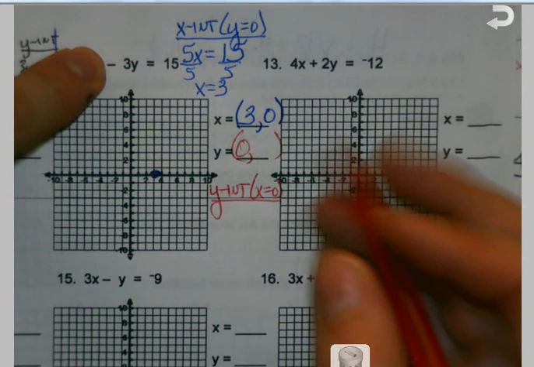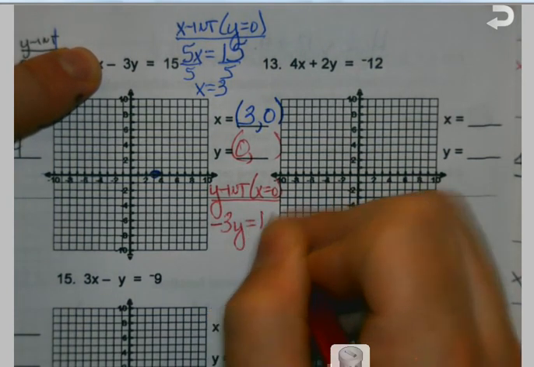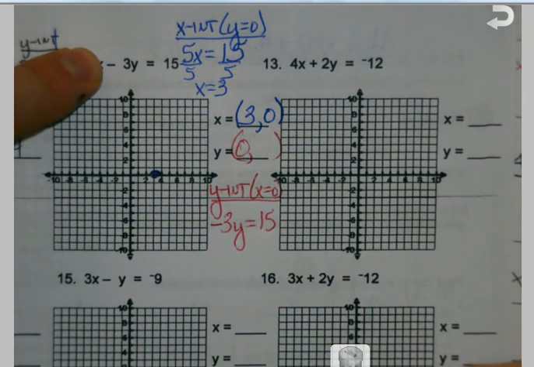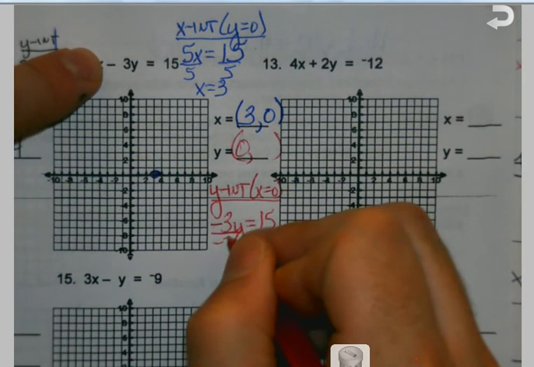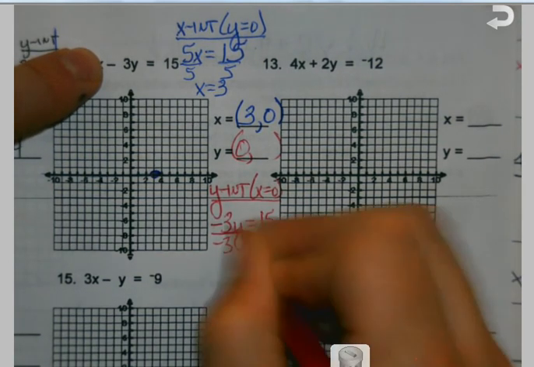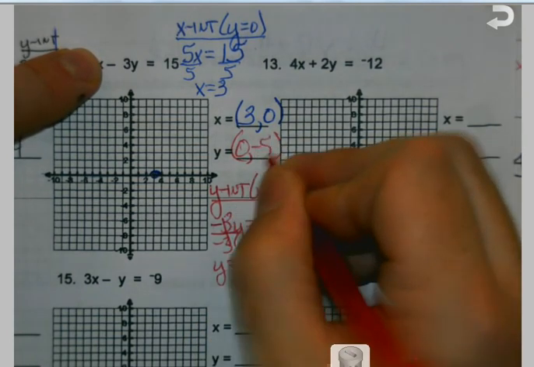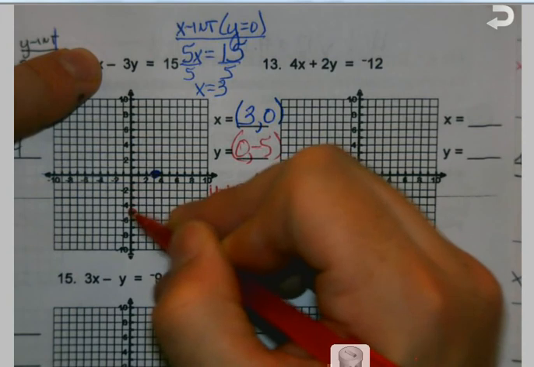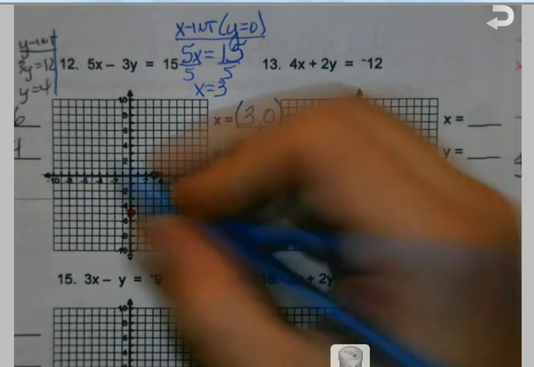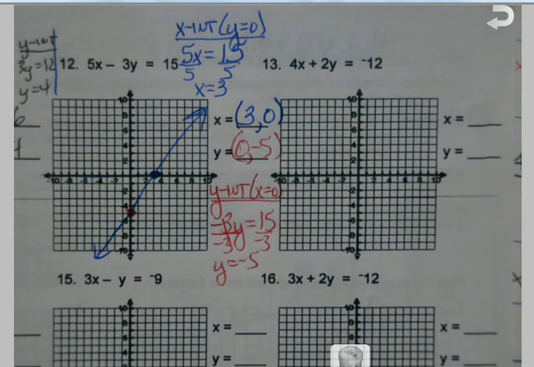So now I just look at the y part, but I got to have the negative. And once I have that, it's just one step. And that's negative 5. So I go on the y, if it's negative, I go down. I put a point, and then I just play connect the dots. Okay, and that's all I'm doing on these.